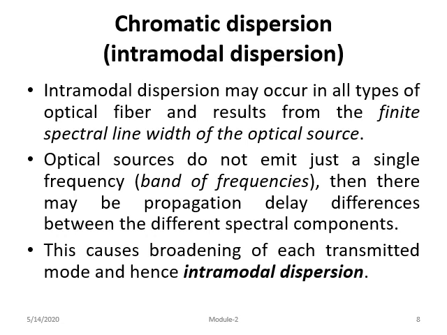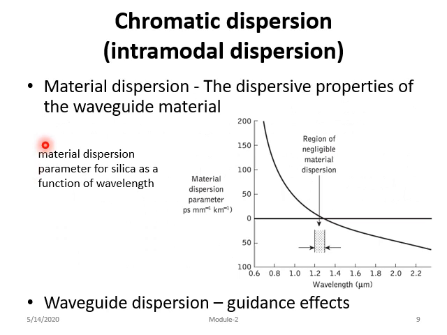Coming to question number 4b, we have chromatic dispersion and intramodal dispersion. Under chromatic dispersion we can take this name also, intramodal dispersion. It is due to the finite spectral line width of optical sources.